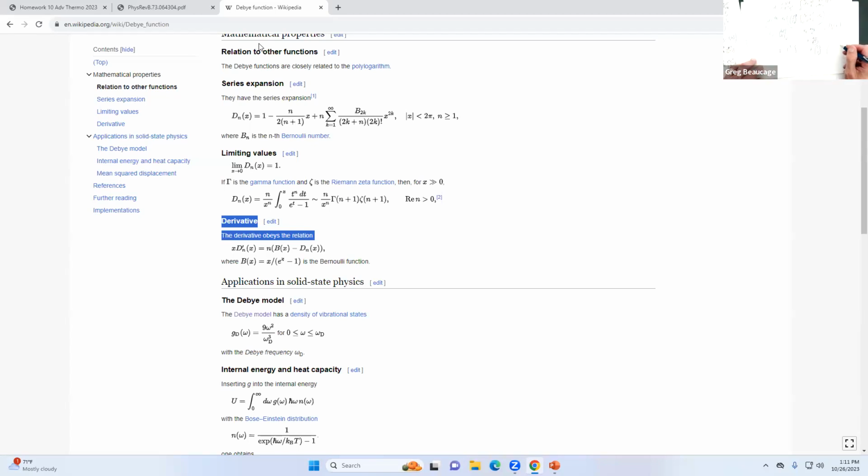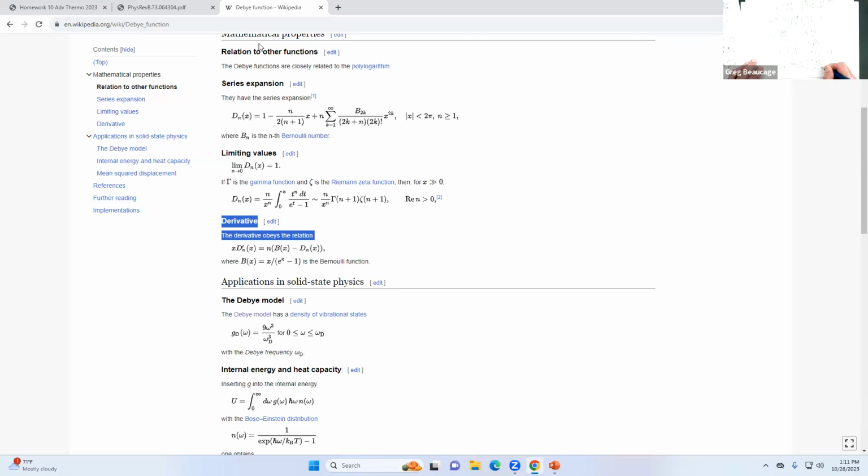Then you get another 2 terms from that, because that's got like B of x, D of x in it. So it's not just the one thing. So that doesn't look like this, which is CV equals 9N k_B T over Td cubed integral 0 to xd. You can kind of see where it comes from, but it's not really very rewarding.